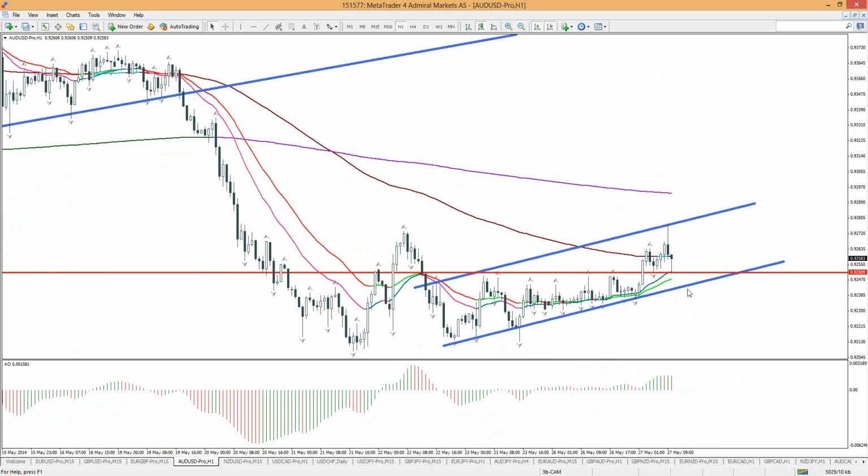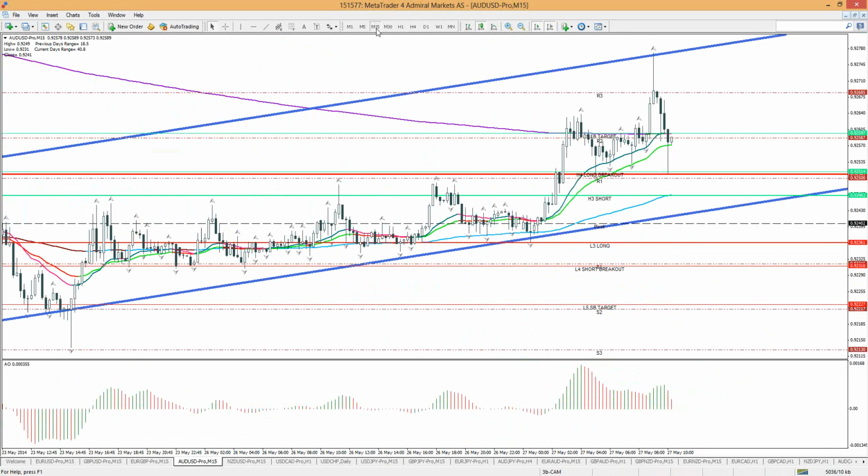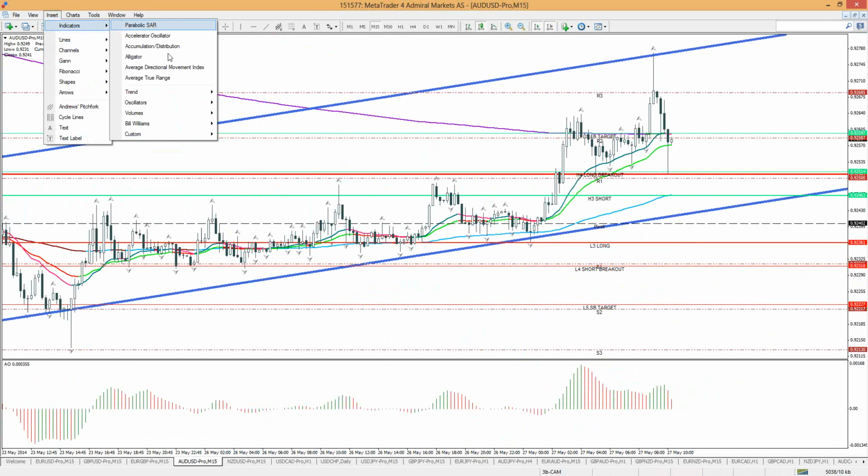What else? How about if we don't break below that, right? Let's take a look at what's going on in the 50-minute chart. Pretty strong AO reading. Let me add a stochastic for the moment.